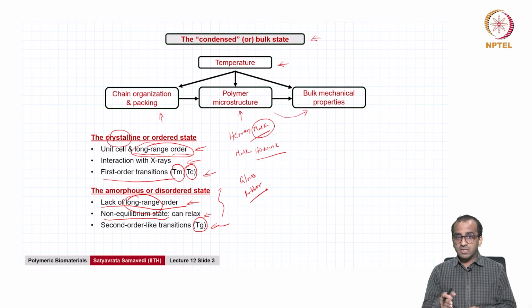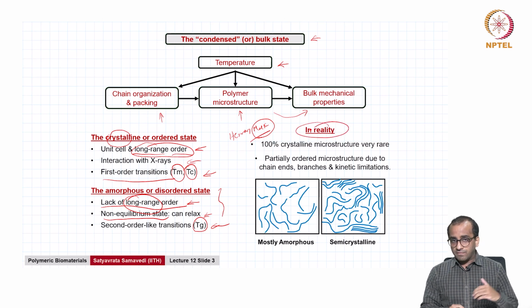So, the temperature that marks the transition from a glassy sort of behavior to rubbery behavior is called the glass transition temperature.